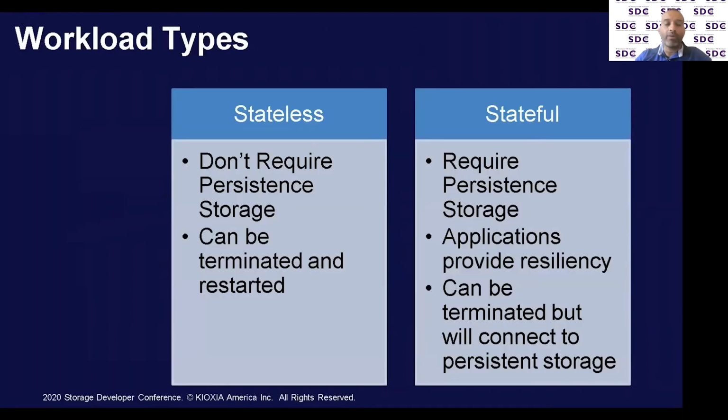All right, let's talk about workload types in containers, especially in Kubernetes. So there are two types of workloads: stateless and stateful. Stateless workloads are those workloads that don't require persistent storage. One such example is a web server or an application server. All it needs is code to run, and it receives a request, it sends a response.